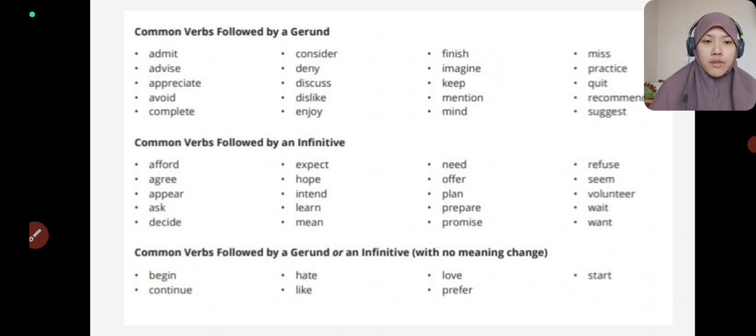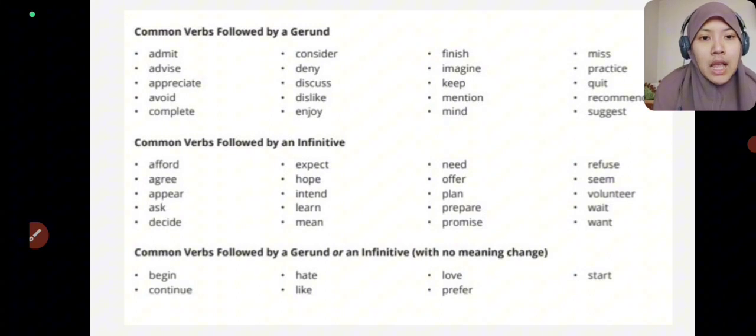It can be gerund and infinitive with no meaning change, like before, I gave you the example, I love or I like. You can use gerund and infinitive. But others like admit, consider, finish, you can only use gerund. Or afford, agree, appear, you can only use infinitive.